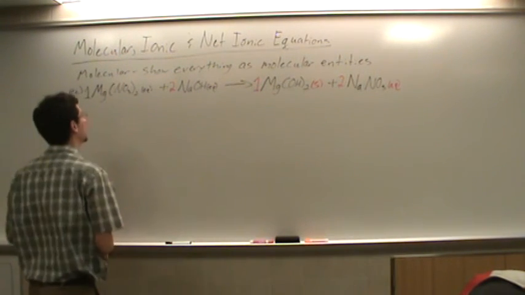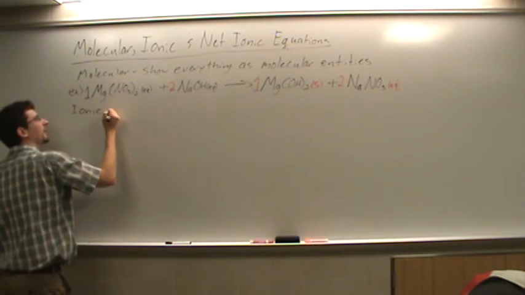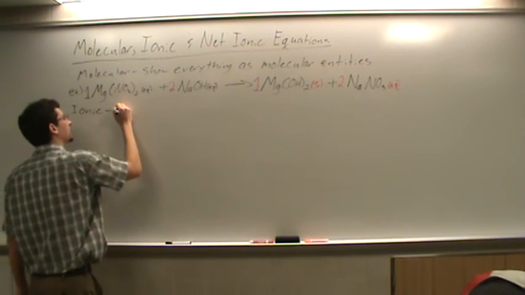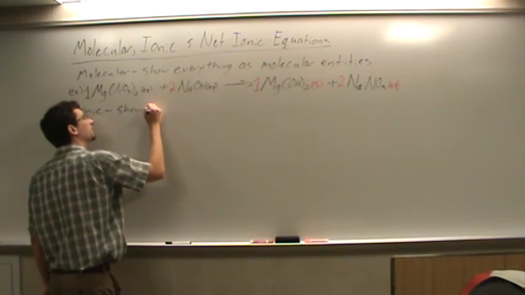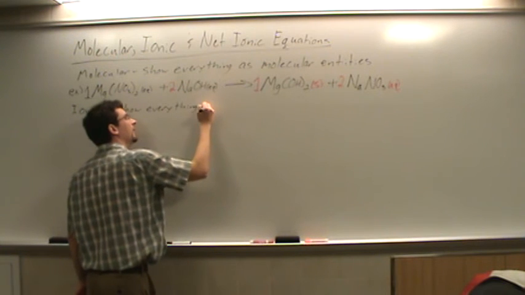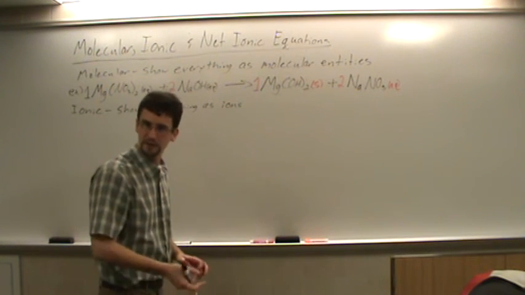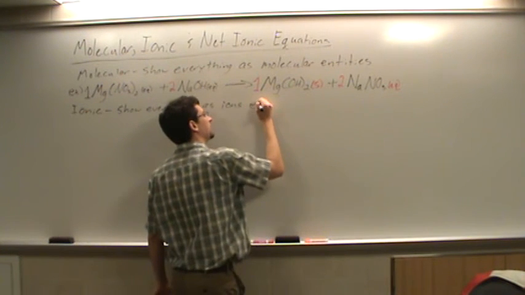Let's get the ionic. What you show in the ionic is everything as ions, except for the solid that we get, the precipitate.